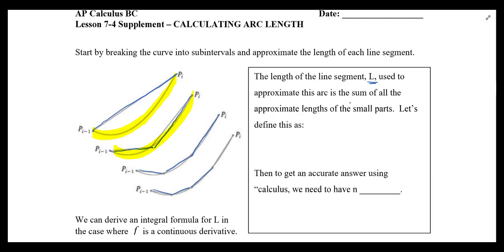So let's define it as the following. I'm going to use this notation: the absolute value of P sub i minus 1 P sub i. Now this just represents the length of each one of those small line segments.